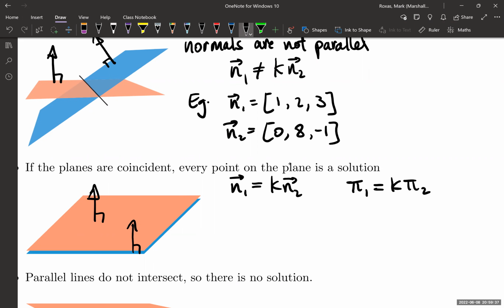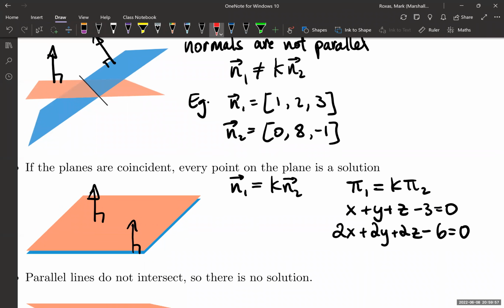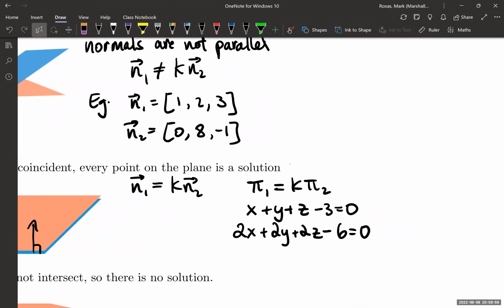So for example, if I had x plus y plus z minus 3 equals 0 as a scalar equation of one of the planes, and let's say I had 2x plus 2y plus 2z minus 6 equals 0 as a scalar equation of the second plane, you can clearly see that the second equation is just equation 1 multiplied by 2, right?